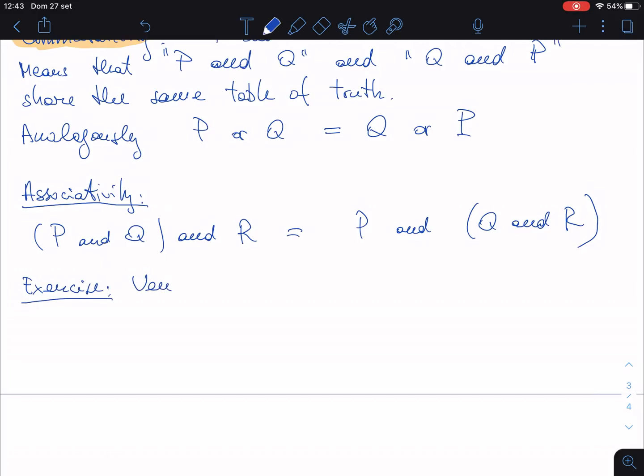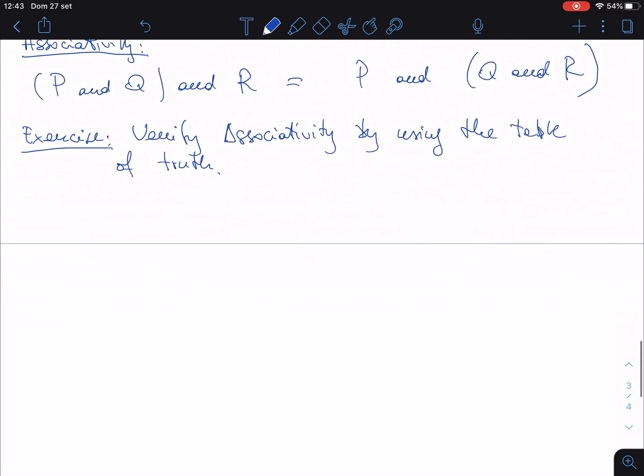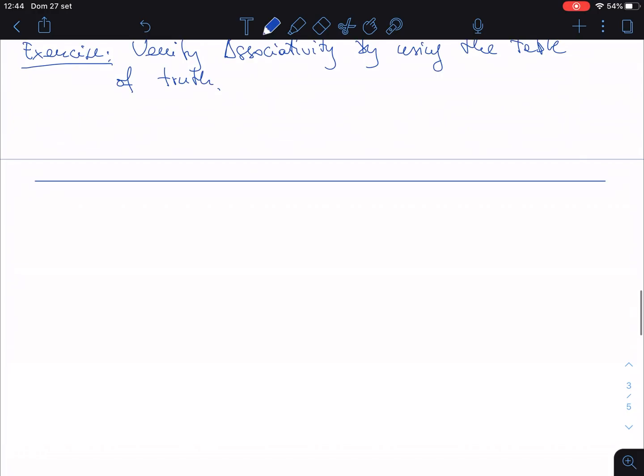Verify associativity by using the table of truth. It is very easy, so I will perform this exercise, at least part of it, just in order to let you better understand what I mean by proving this fact.